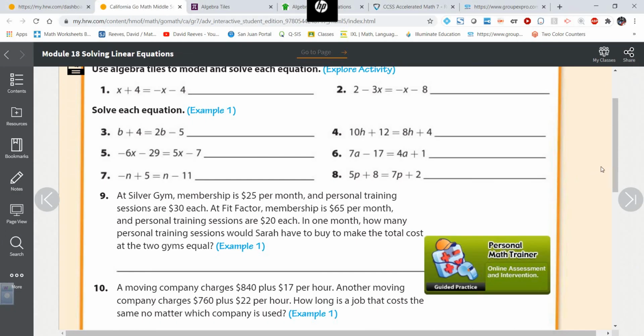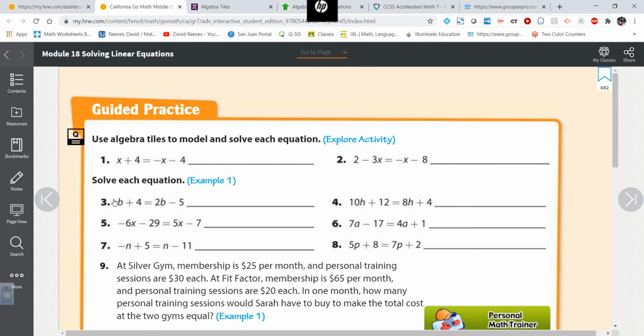That is how you solve equations with variables on both sides. As long as you do it to both sides, you can do it in whatever order you want. Instead of subtracting 8 h's from both sides, we could have subtracted 10 h's from both sides. Instead of subtracting 4, we could subtract 12.